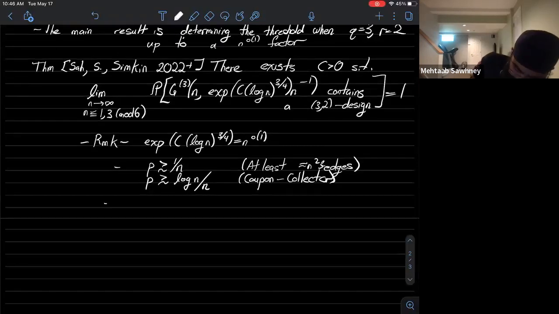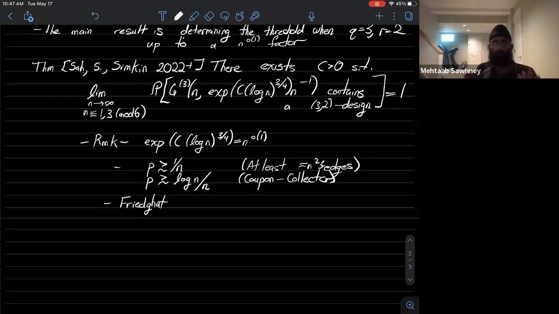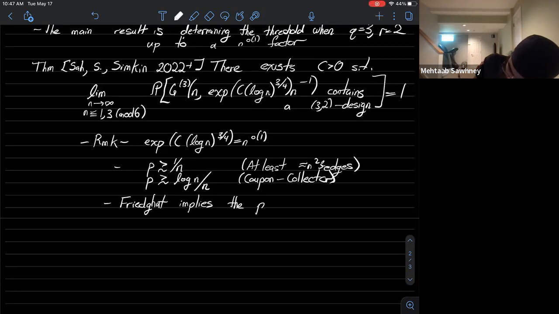And a kind of amusing corollary of these facts, the reason I state the second one, is that there's a result of Friedgut, which says for any hypergraph property, such as containing a 3-2 design, that is invariant under permuting all the vertices of your randomly sampled set of edges, the property of containing a 3-2 design has a sharp threshold.